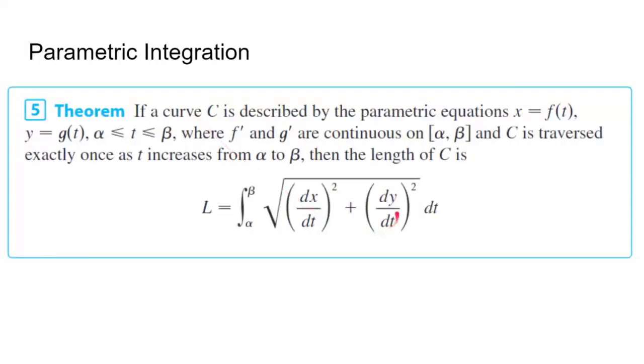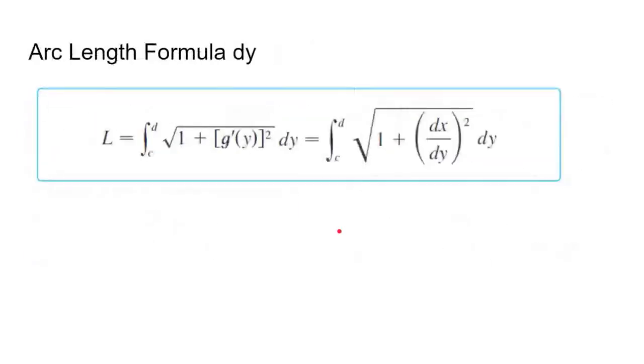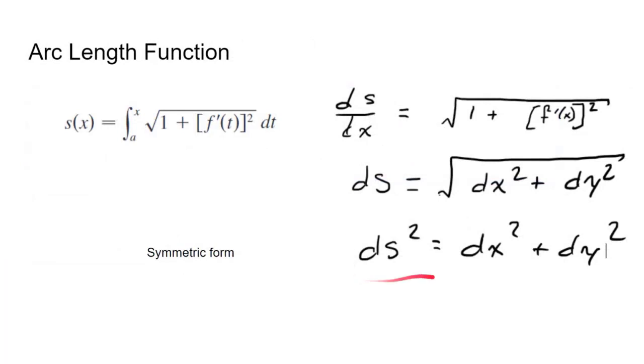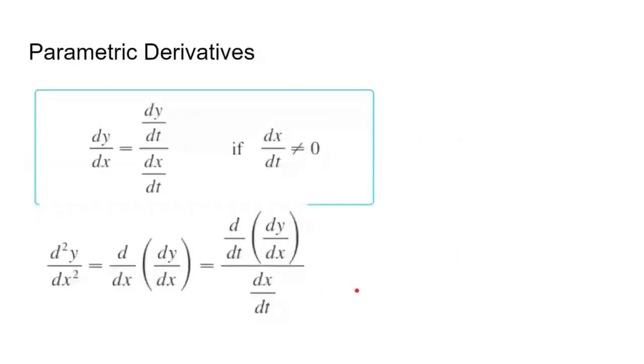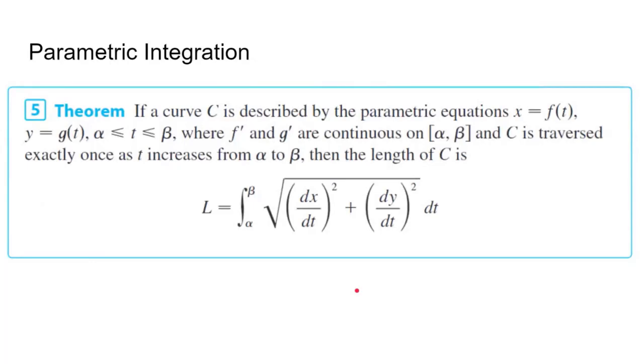And then we have this equation right here. Now this looks awfully similar to, if we go back, ds squared equals dx squared plus dy squared. It is exactly the same thing. You could just remember this formula, and it would actually cover the other case that we had earlier.